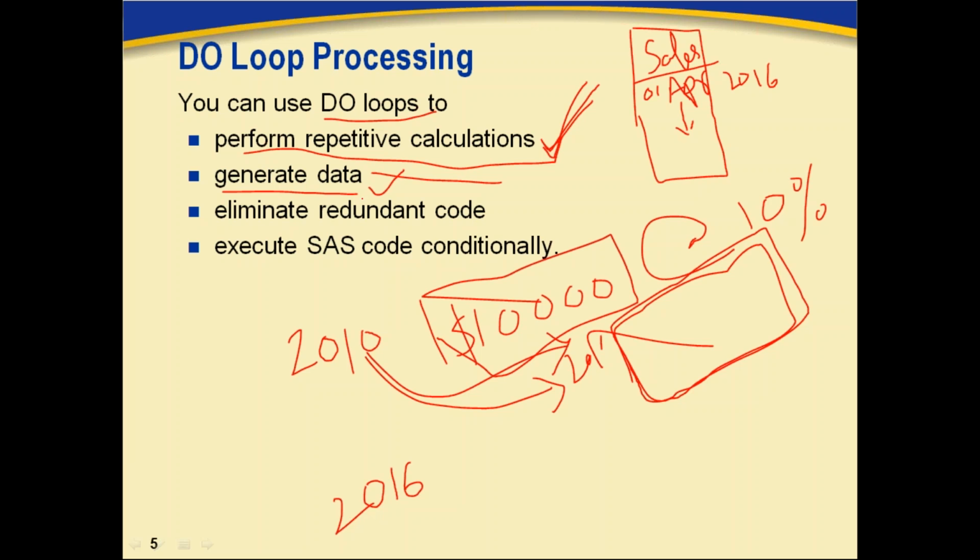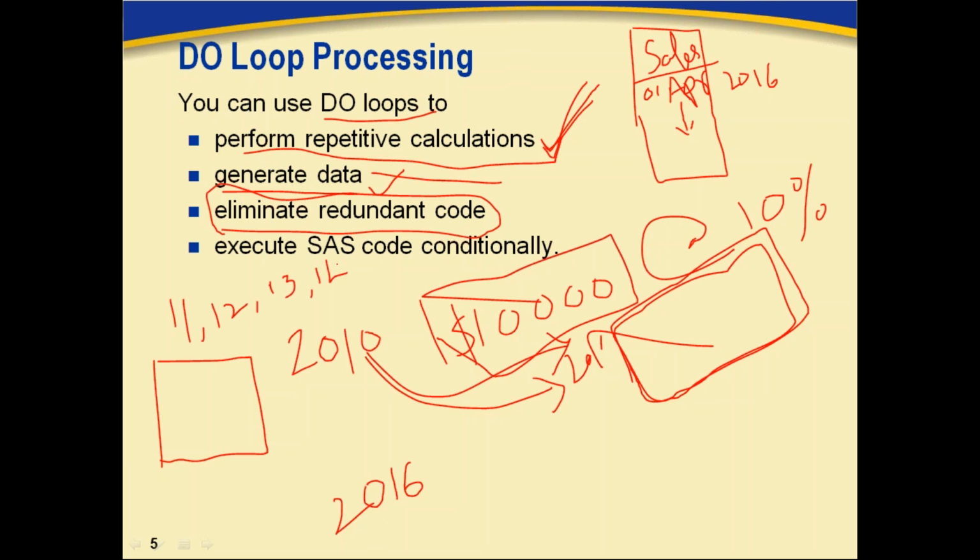And do loops can eliminate redundant code. What do I mean by redundant code? If you remember, in yesterday's session I explained how to create various reports for distinct age categories. For age 11, 12, 13, I wanted separate reports.